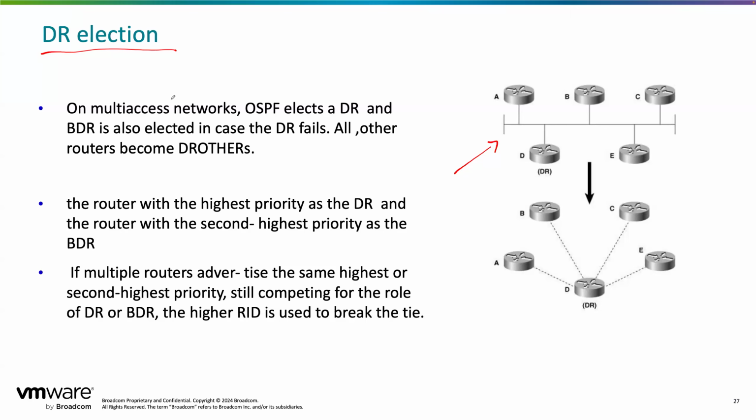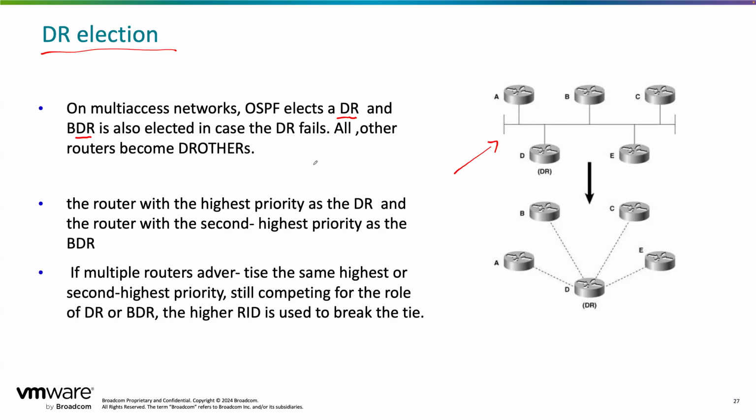By using the DR election, we elect a leader on this same data link. For example, we call this leader the designated router. We also have to elect a backup leader, which is called BDR, backup designated router.